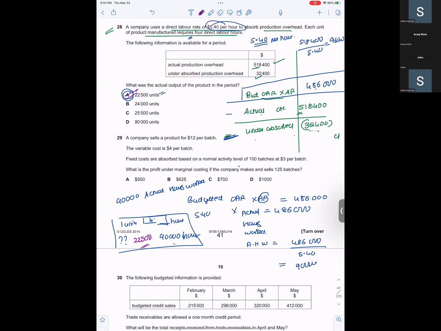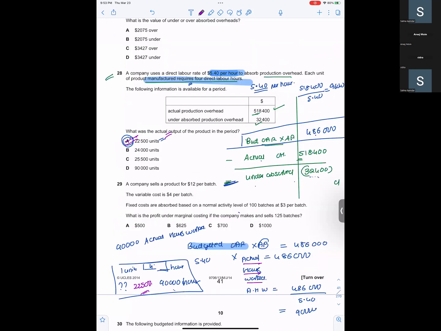Miss, so this 5.40 is not OAR, but see now it is OAR per direct labor hour. So budgeted overheads into actual activity levels, you will take actual hours worked. And then I will use this information to find out how many units. I'm giving you time, do it again.